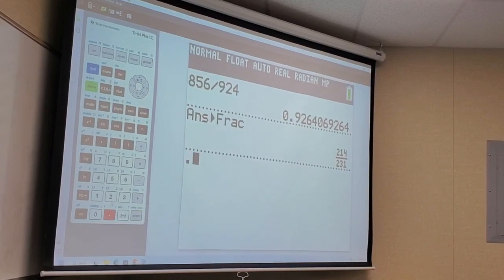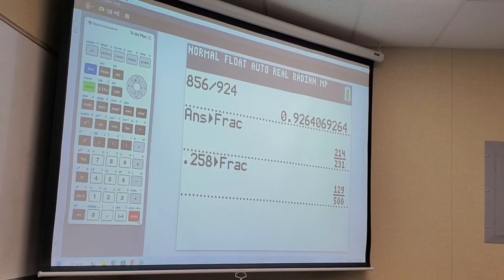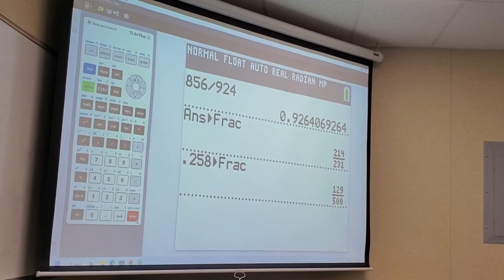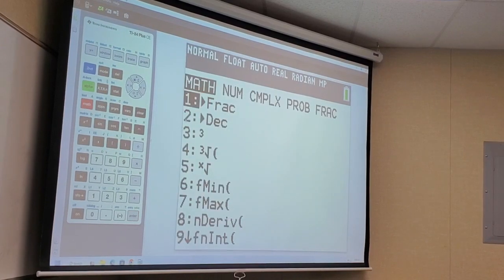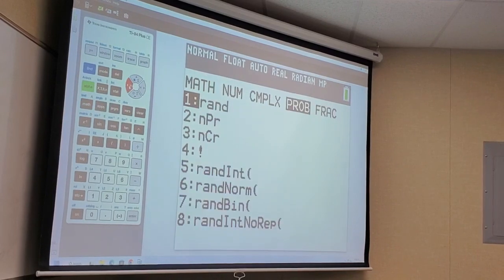If I just type in a 258 and I say make that a fraction, there you go, reduced form, right? Anyway, back in pre-algebra, you're like, why didn't I know about this? So hit math. There's other stuff down here. I don't care about it at the moment. Right now, I want something about probability.